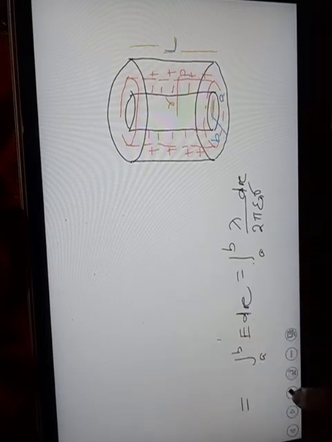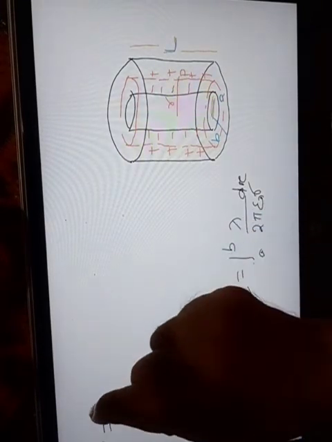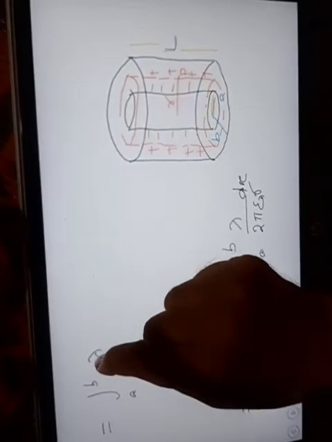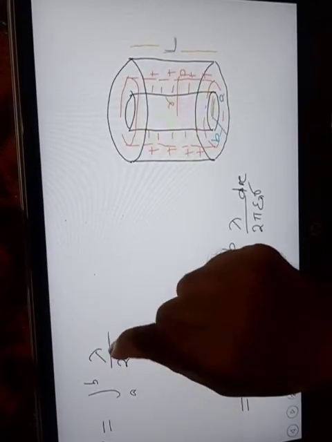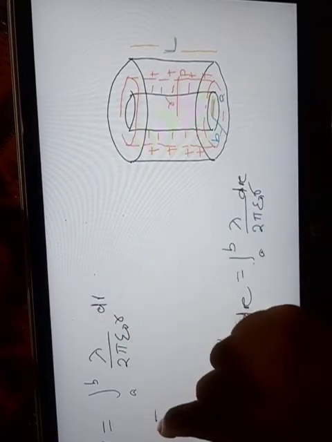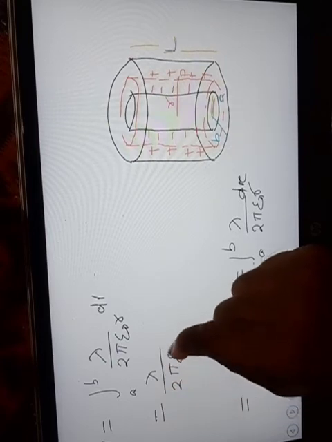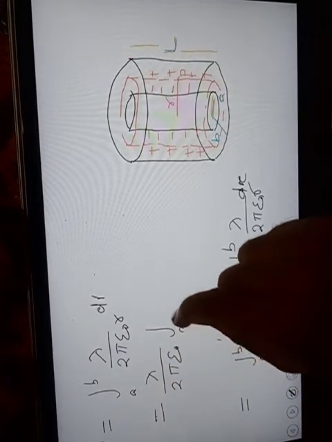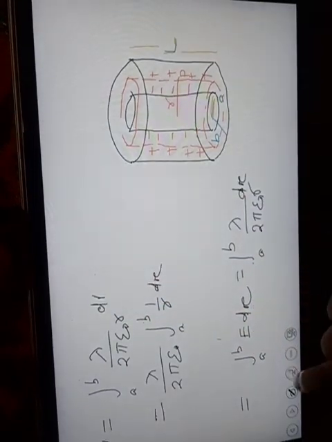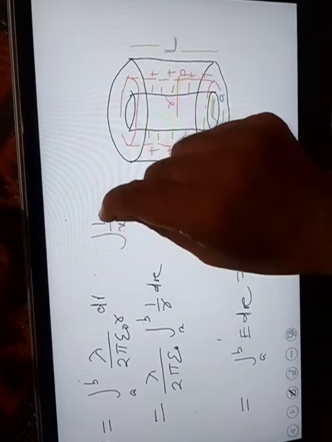Then the potential difference V is equal to integration from A to B of lambda by 2 pi epsilon 0 r dr. That implies lambda and 2 pi epsilon 0 are constants and can be taken out, leaving integration of 1 by r dr. And all of you know the integration of 1 by x is log x.